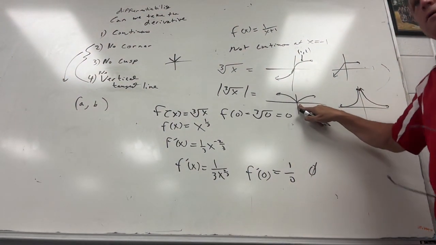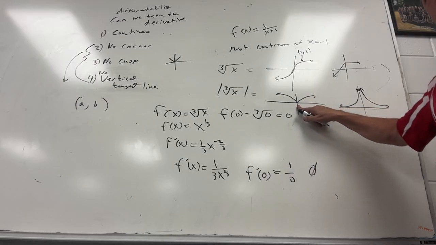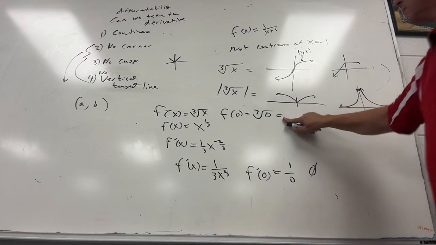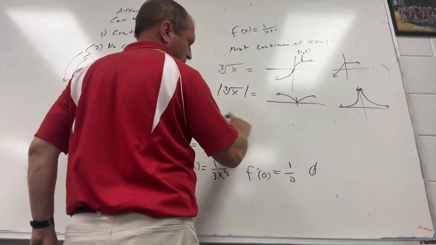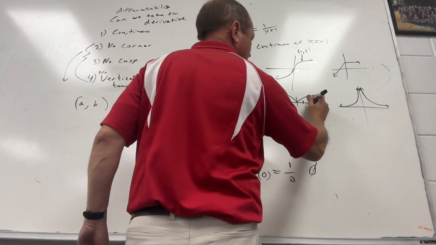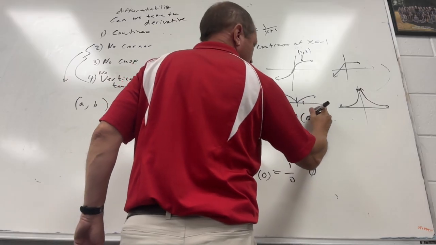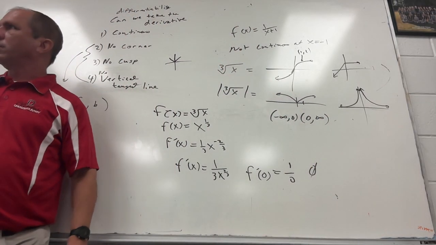Could we take, for instance, the interval where x is between 3 and 15? We can say that interval is differentiable. Yeah, from 3 to 15, it's differentiable. This is differentiable from negative infinity to 0, and then 0 to infinity.